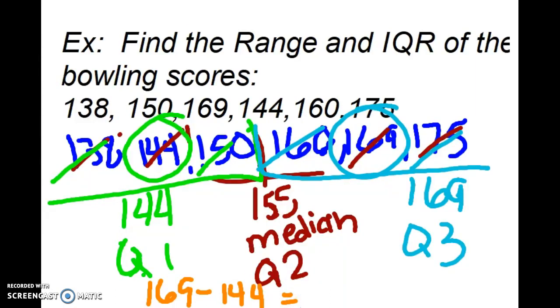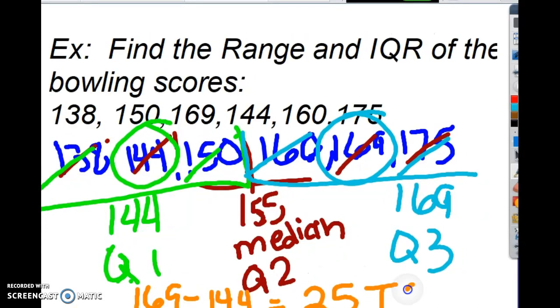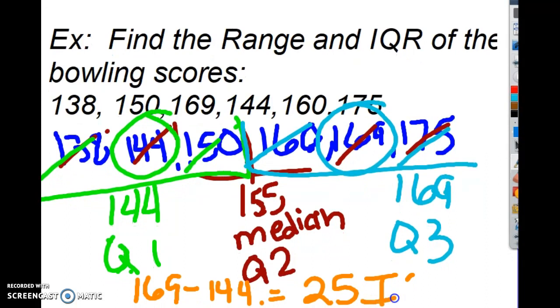And when I do that, I will get 25, which is my interquartile range, also known as IQR.